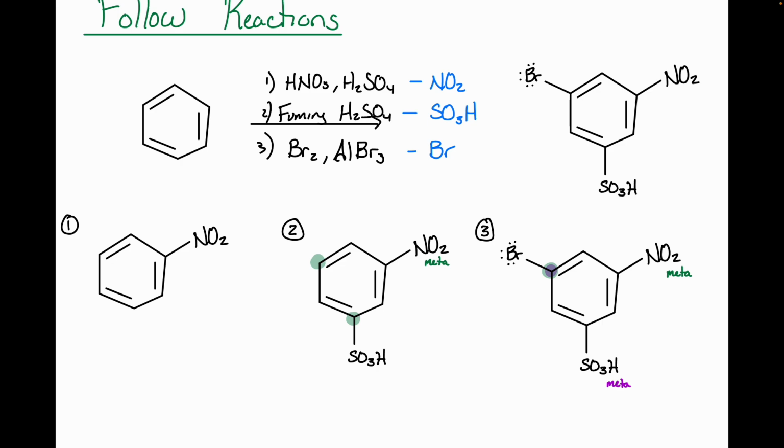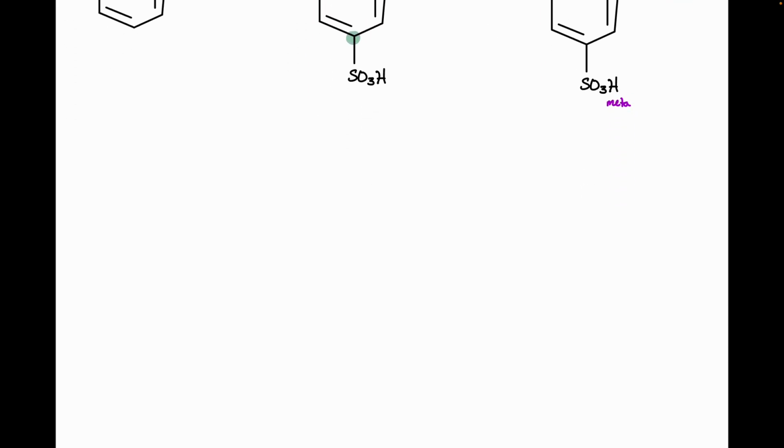Okay, so at each step we identified what it is that we were doing in that step, and then we had to look at what was already on the ring to determine where that new substituent will go. All right, so let's do another one, again following our electrophilic aromatic substitution reaction.